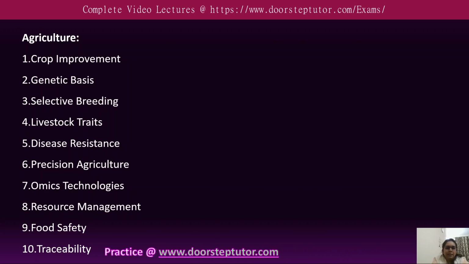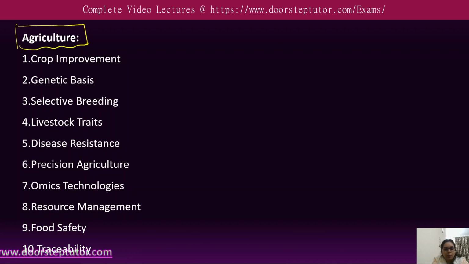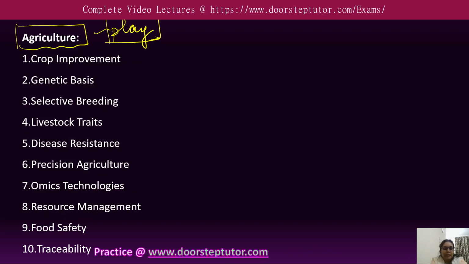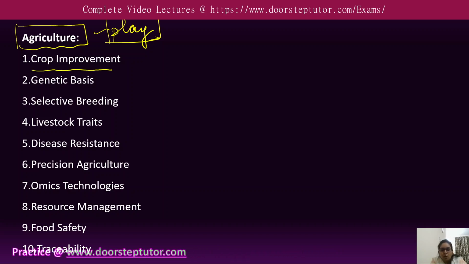Next is agriculture. We know that India is an agriculture-based country, so agriculture obviously plays a very important role, and genomics plays a very important role in the agriculture sector also. First, the improvement of crops.